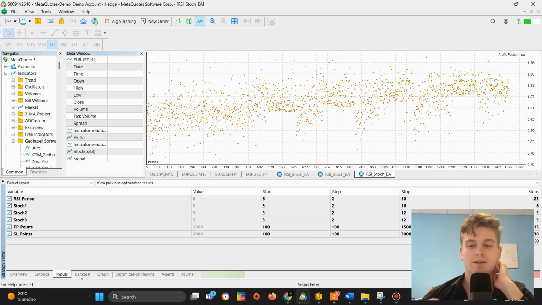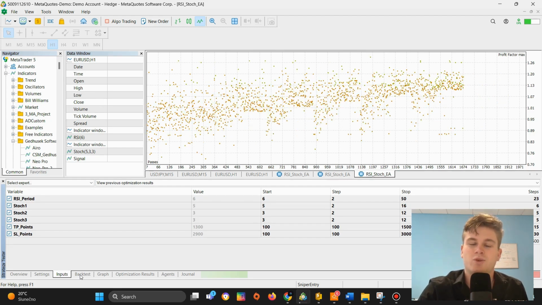So this is also a nice example of showing you that with MQL5, if you know how to use MQL5 and you know how to backtest and optimize, then even a simple strategy like this can be profitable.